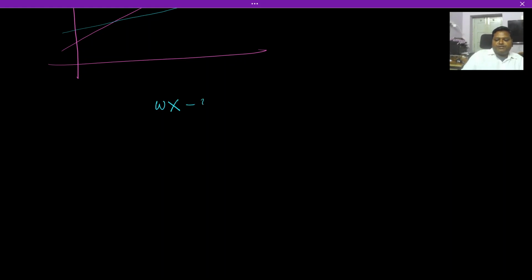Predicted y minus actual y, that is, (Wx minus y) transpose (Wx minus y). To this, we are adding a term of alpha w square, or w transpose w. So when this gradient is equal to 0, we'll calculate the weights.